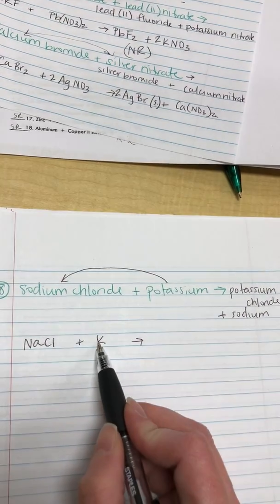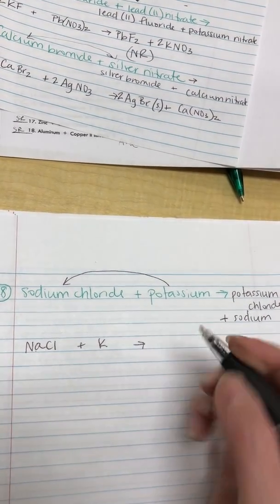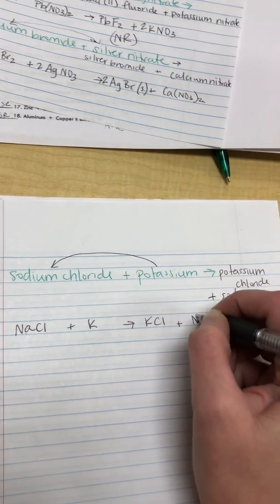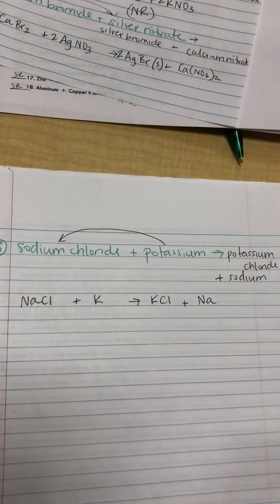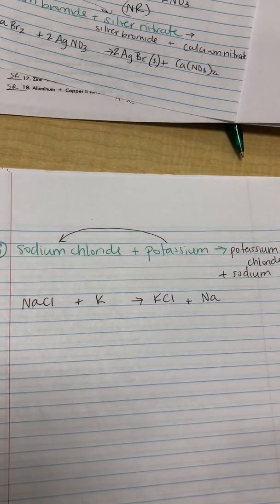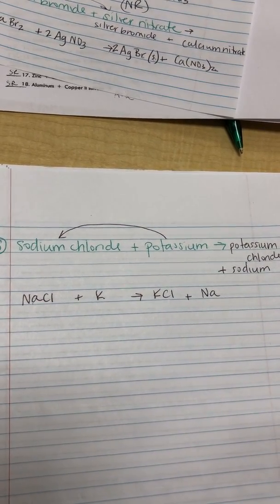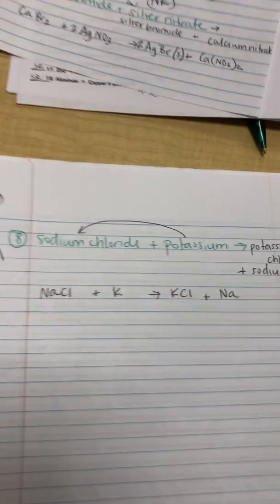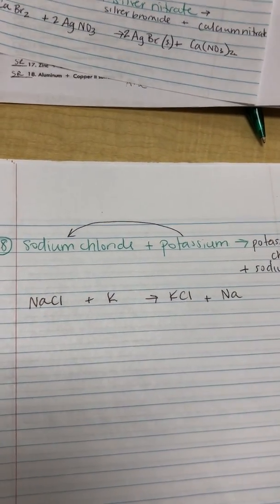Remember, my potassium is going to kick out my sodium, so I end up with potassium chloride plus sodium. And this is already balanced. All of these oxidation numbers are ones, so I didn't have anything extra to write.